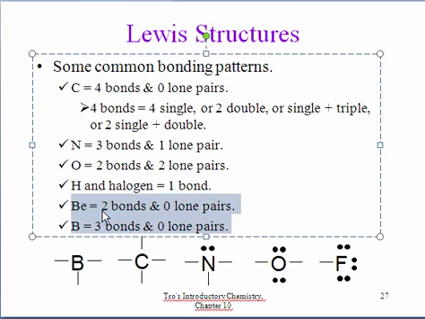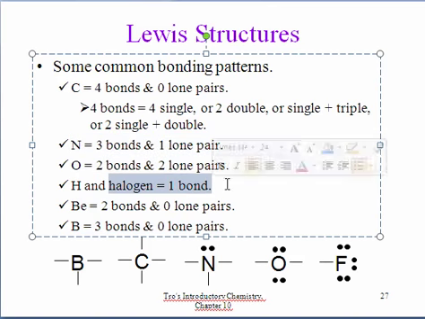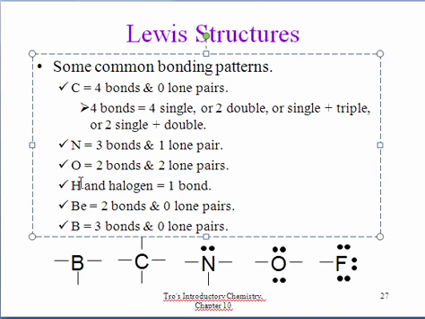Beryllium will have a total of 4 electrons around it, and boron will have a total of 6. Nitrogen, oxygen, the halogens, and carbon are all going to have 8. And of course hydrogen can only have 2 electrons, so it's always going to be an exception to the octet rule.